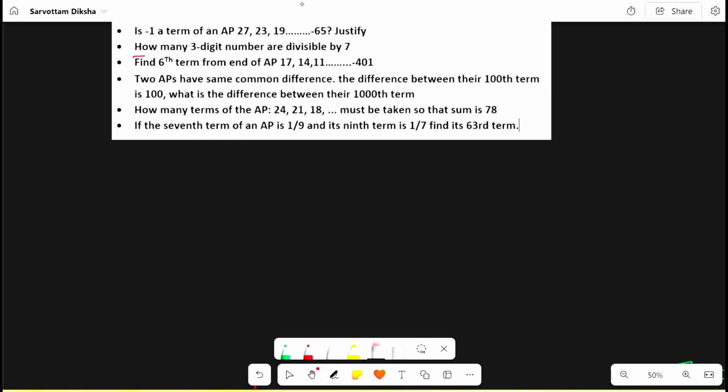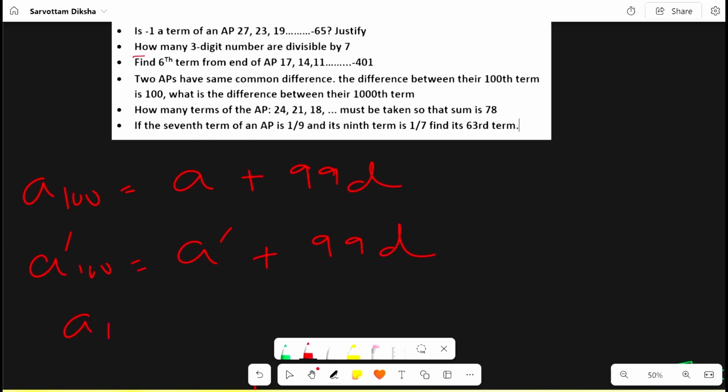I have two APs. Let me consider A and A dash as their first terms. So their A100 term will be what? A plus 99D. And here, because the common difference is the same, if I subtract A100 minus A dash 100, 99D will be cancelled. So it is nothing but A minus A dash.